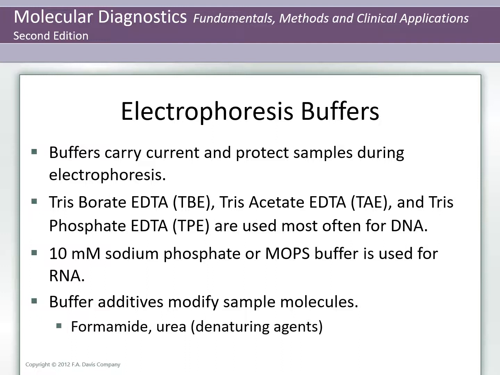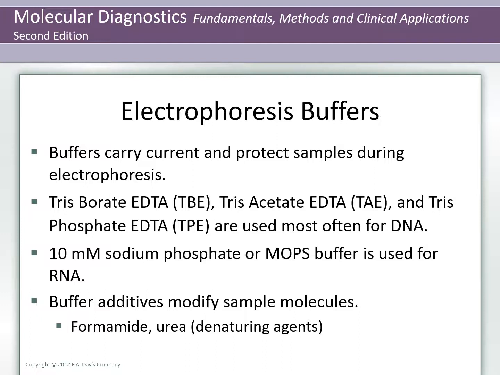Common buffers used for DNA electrophoresis are Tris-borate EDTA, Tris-acetate EDTA, and Tris-phosphate EDTA. Examples of RNA electrophoresis buffers are sodium phosphate and MOPS buffer. These types of buffers have different properties than those used for DNA electrophoresis.